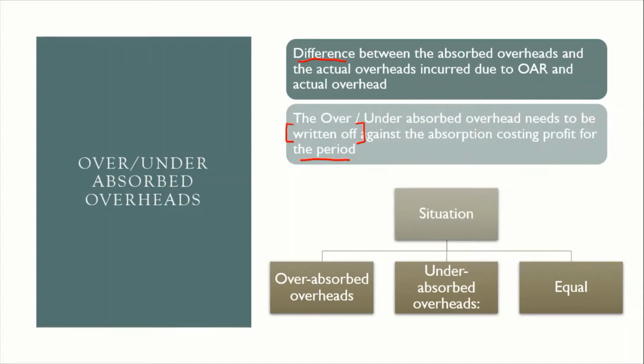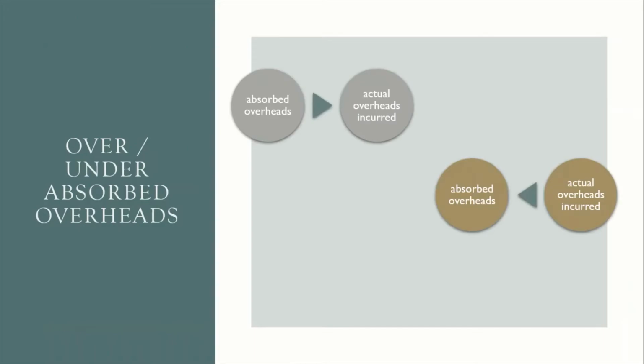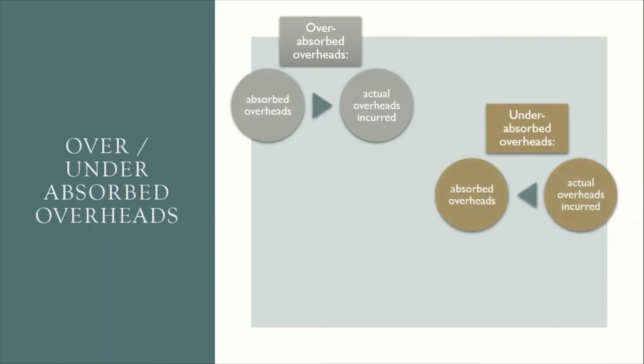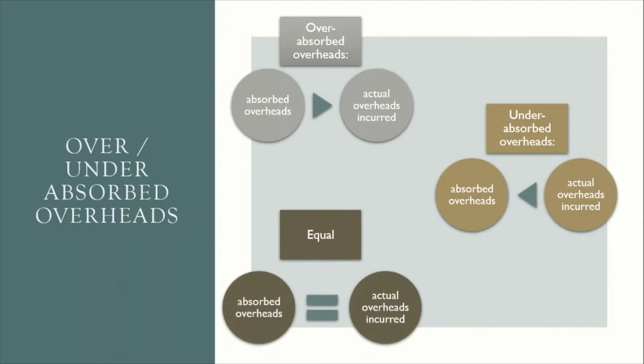Okay, you have to remember, because we are using the OAR, the predetermined rate, there would be a difference in the actual and the budgeted. Okay, so there will be three situations. The first would be, it will be over absorbed, second would be under absorbed, and the third would be equal. Okay, I'm displaying this so that you would remember what is over, what is under.